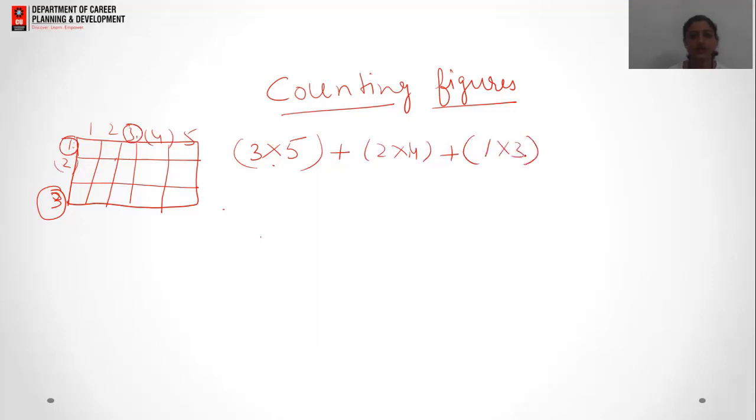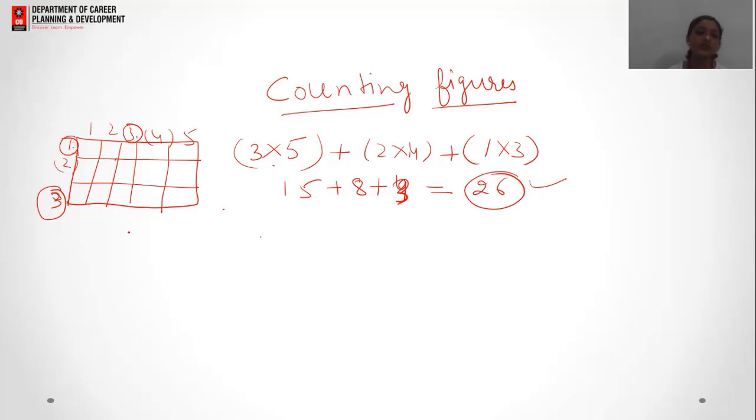By using this method, we can find out the total number of squares. So when we total these, that comes out to be 26. Total number of squares in the given figure comes out to be 26.